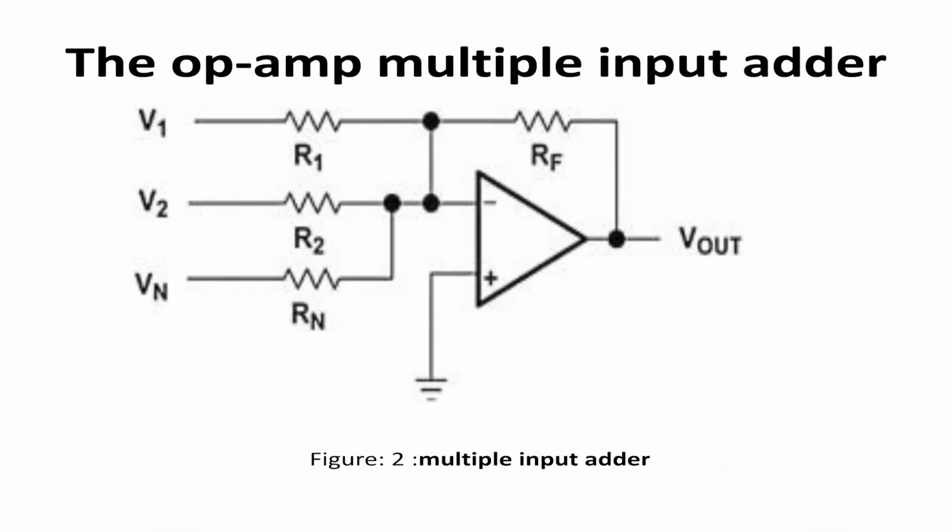Now, let us discuss the mathematical expression of the Op Amp 2-input adder. The mathematical expression for an operational amplifier adder circuit can be derived by analyzing the circuit using the principle of ideal Op Amp behavior and Kirchhoff's current law.